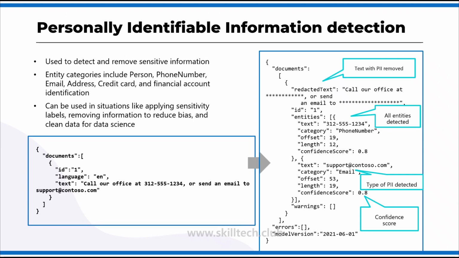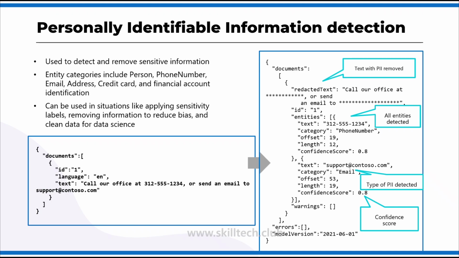Last but not the least, we have PII, personally identifiable information. When we have a lot of textual content and we want to detect and remove sensitive information, which can be a person's details like phone number, email address, credit card, or some financial account or identification numbers, in this kind of case you can use a PII detection mechanism and then remove it.